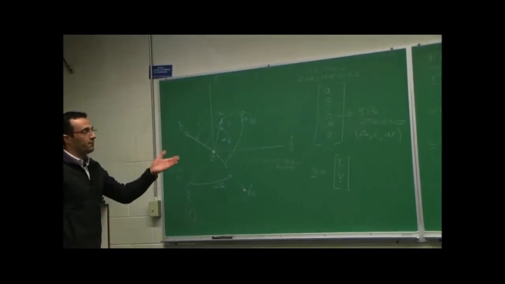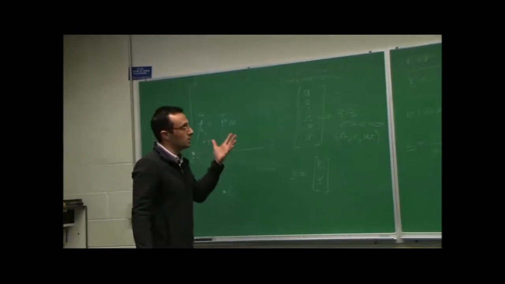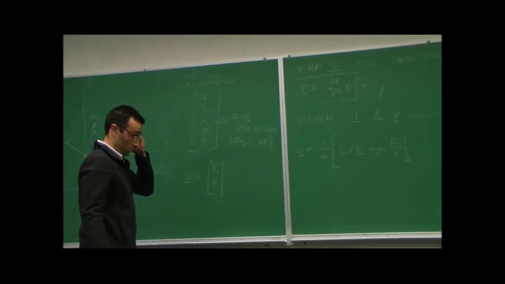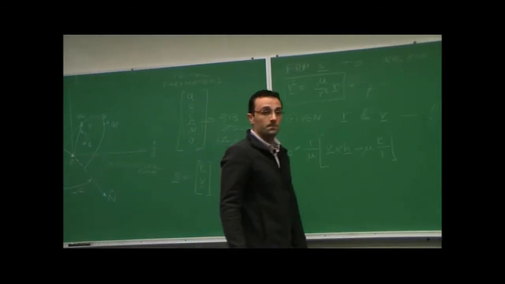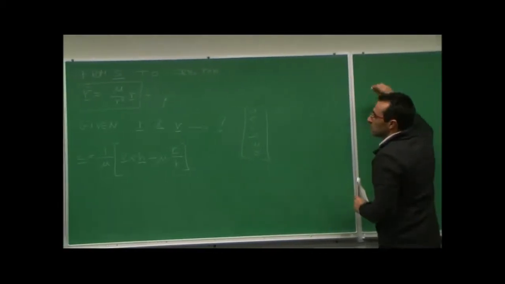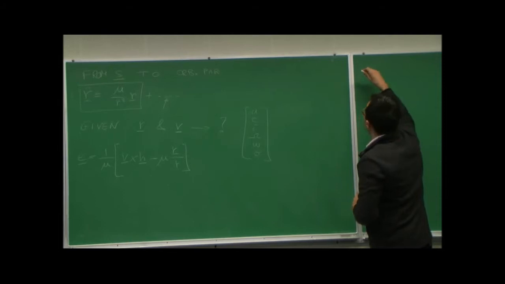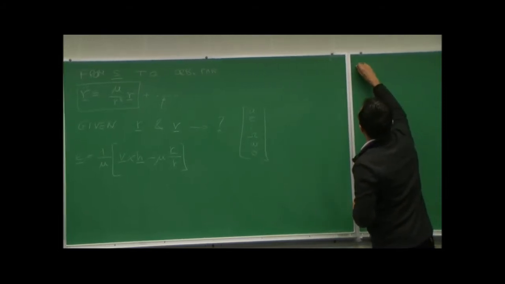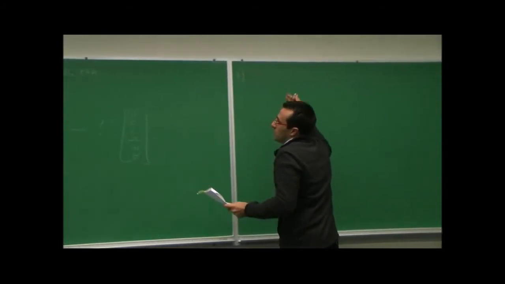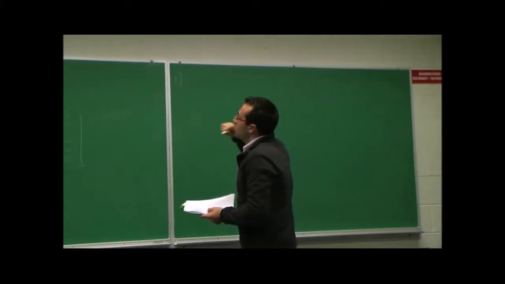Okay, so I have V, I have R. What do you want to do? Angular momentum. That's the first step. If we have time, I'll start talking about uncollected homework 3 that does exactly this in MATLAB. But it's really an algorithm what you're looking at to solve for those quantities.